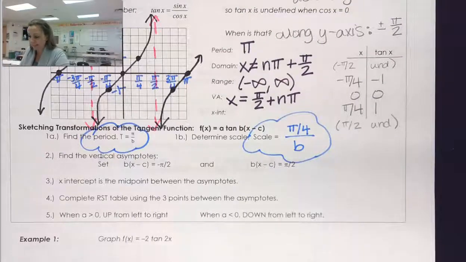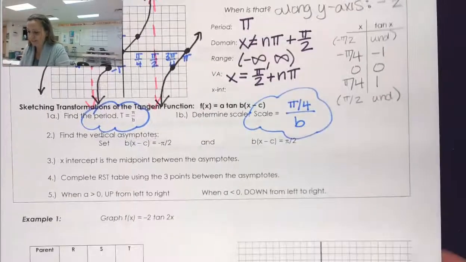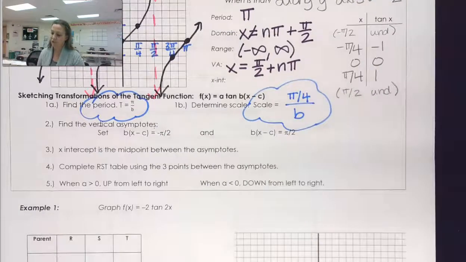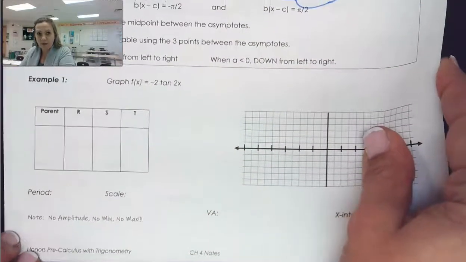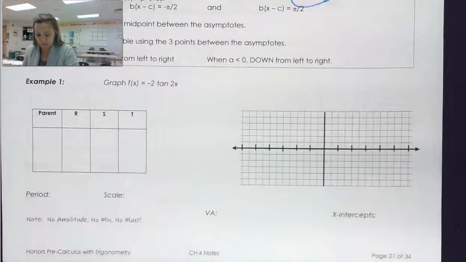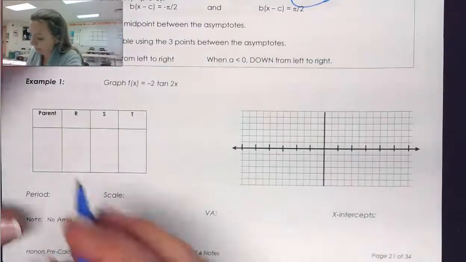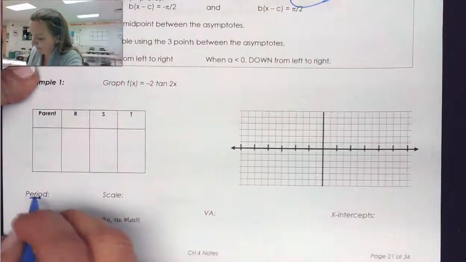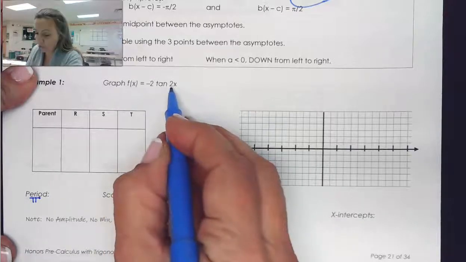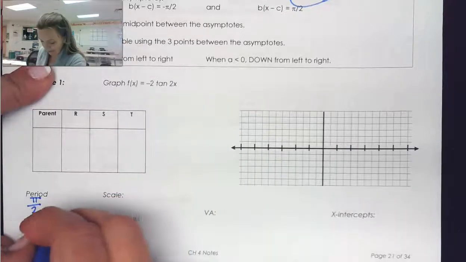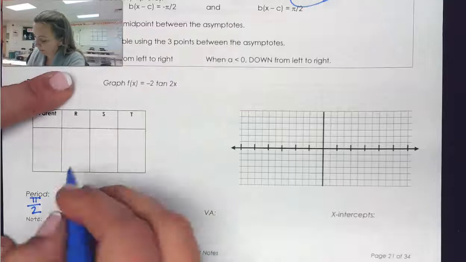So let's just jump into this example. This is asking us to graph f of x equals negative 2 times the tangent of 2x. Okay, so to find our period, we want to take pi over b. Our b value is 2, so I'm going to take pi over 2. There's nothing to simplify.